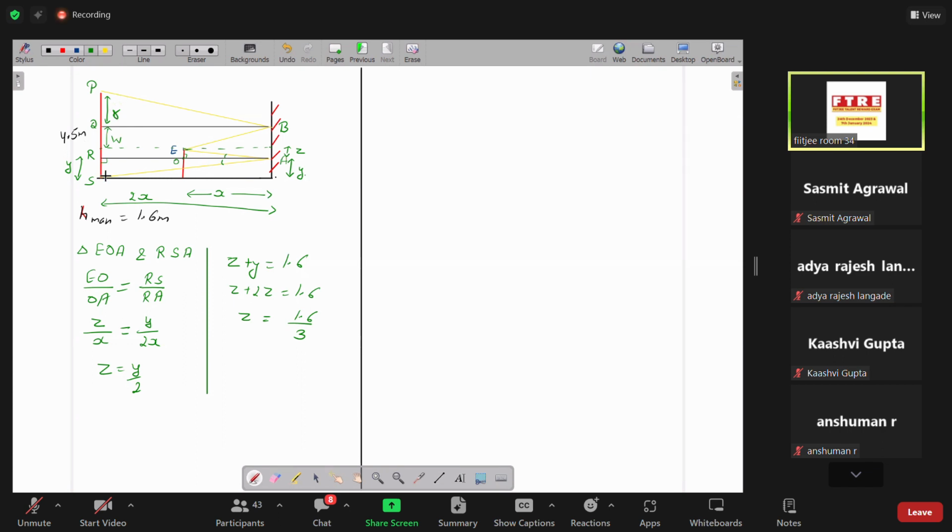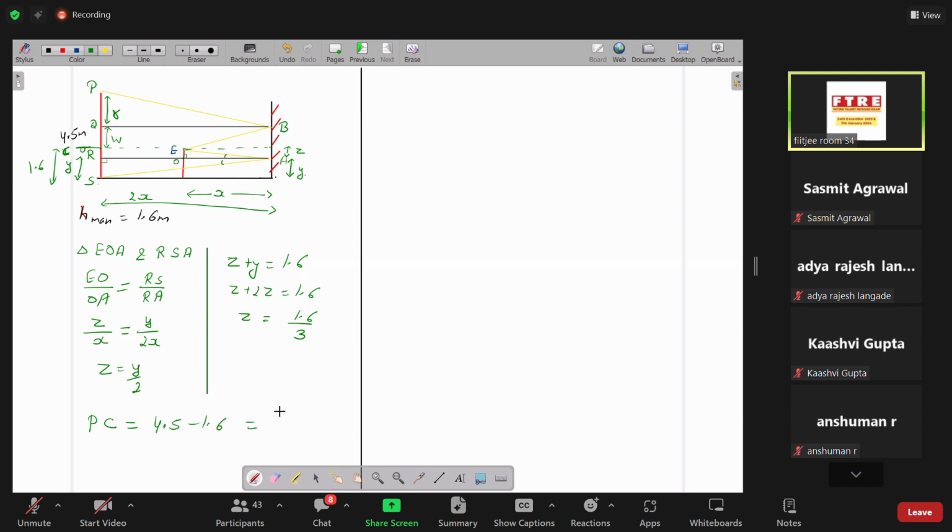Now we know this thing for this height. We know that up to this point, if I take this point it becomes O. Sorry, I have already taken O, so which point should I take? I take this point, say C. So C to S we are writing parallel to the head of the man, so this height becomes 1.6. So above C, we get here that PC is equal to 4.5 minus 1.6.